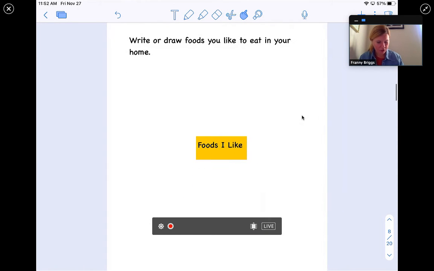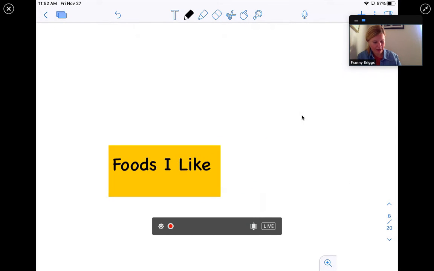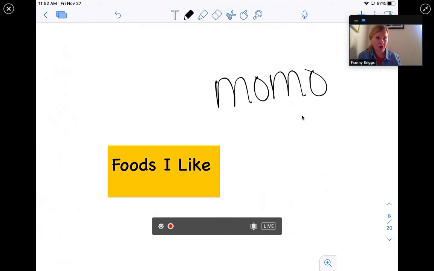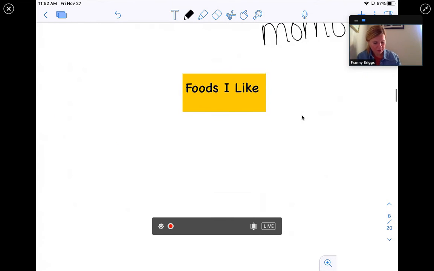You could make a page for them that looks something like this. Write or draw foods you like to eat in your home. And obviously, this is a first grade lesson, so you would also want it translated into Nepali. Then kids can write if they know how to spell, but they could also just draw.